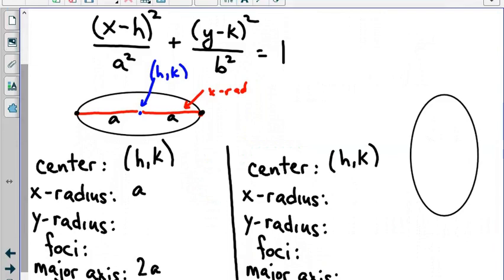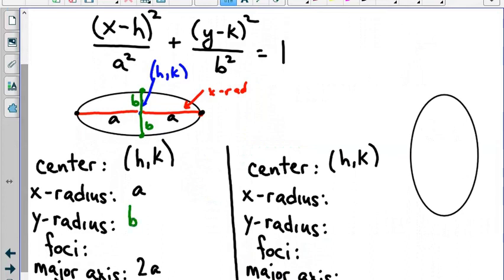Likewise, the y radius is b. So from the center to the edge of the ellipse in the shorter distance, that's the y radius in this particular case, so that's b.